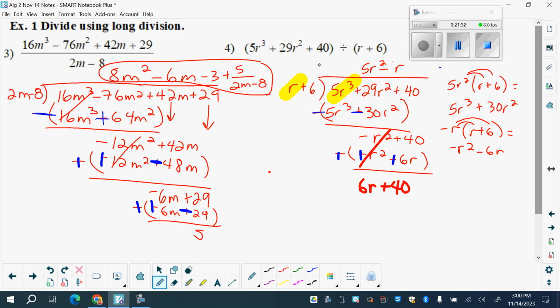And so now we say, what do I multiply r by to get 6r? 6. So plus 6. So 6 times r plus 6. 6r plus 36. We subtract it. We distribute our negative.